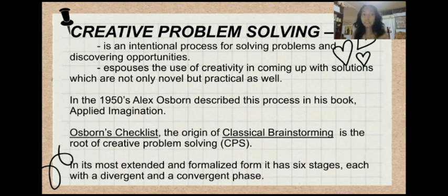So that is divergent. Then convergent thinking uses logic or reasoning. When we use divergent thinking, we use our imagination. Then when we use convergent thinking, we use logic or reasoning, or practical ways to identify and assess the best solution from a set of options.